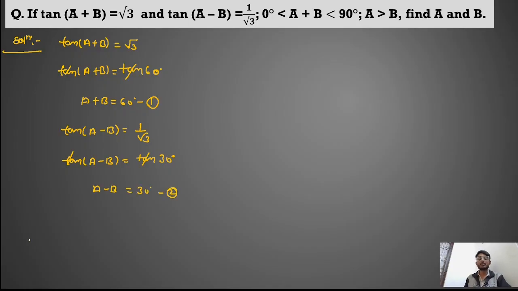You can solve by solving equation first and second. So we will get a plus b equal to 60 degrees and a minus b equal to 30 degrees. There are many methods by which you can solve the pair of linear equations in two variables.